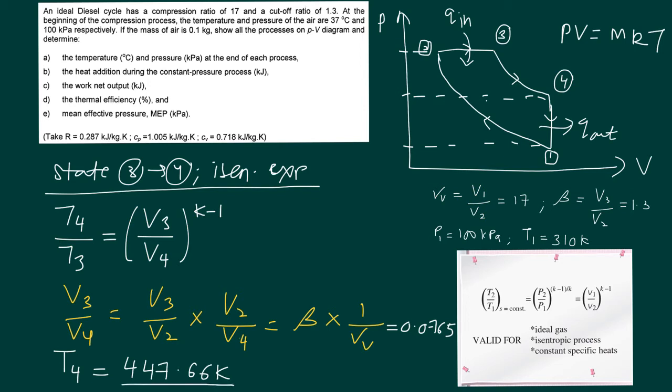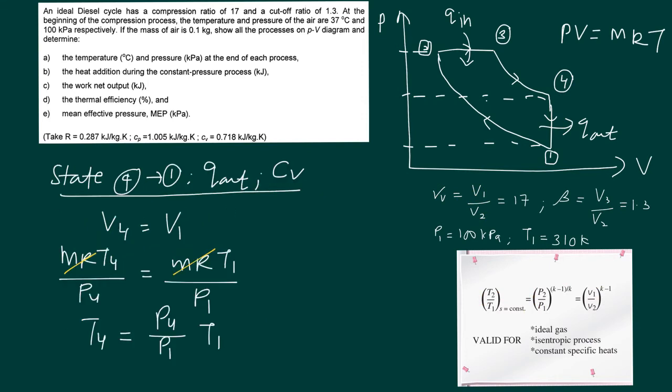So when you want to find your pressure at 4, you can make use of these equations, or also you can make use of the previous equations that you got from these constant volume relations, right? So let's say you want to find your P4 by using this constant volume relation.